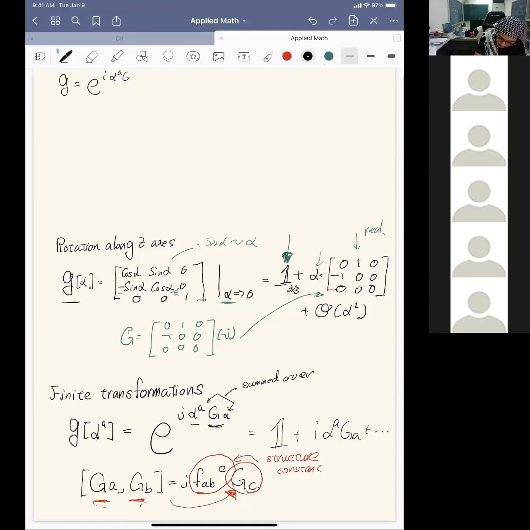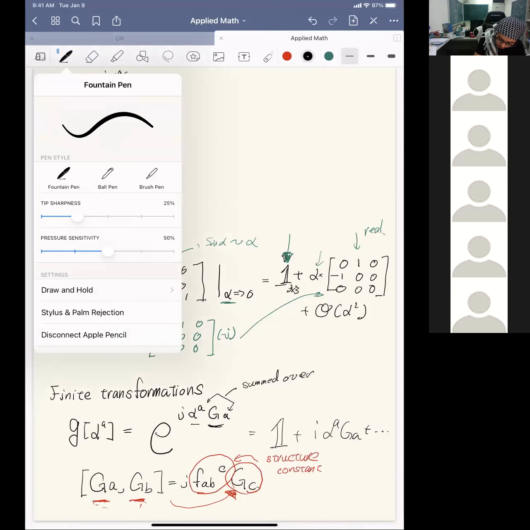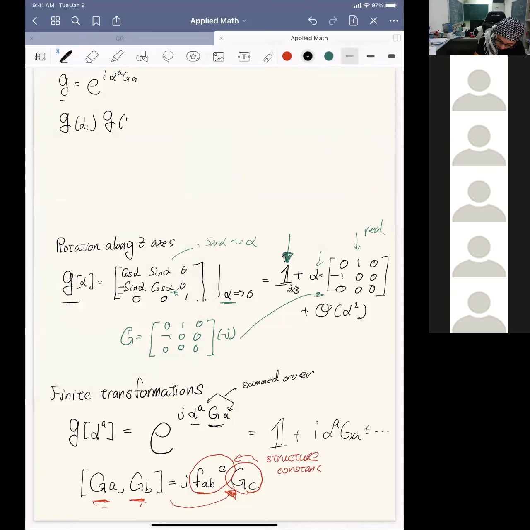alpha A GA. Now, if G is really a transformation, it better be that if I do a transformation with the parameter alpha 1, and then I do another transformation with the parameter alpha 2, the result of successive transformations is another transformation, with some other parameter alpha 3.